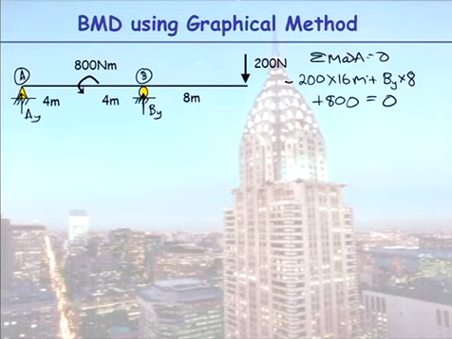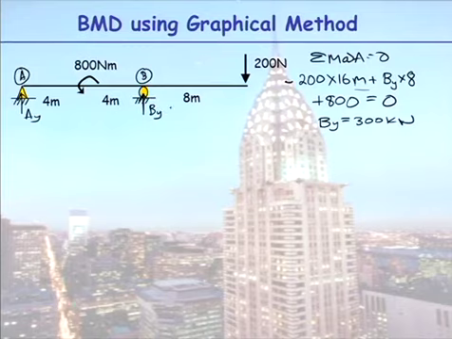So from that, I've got BY. When I solve for BY, I get a value of 300. So that means my AY is pointing down and has a value of 300.